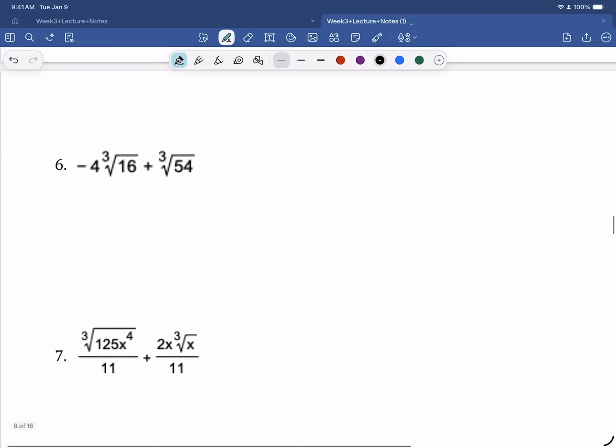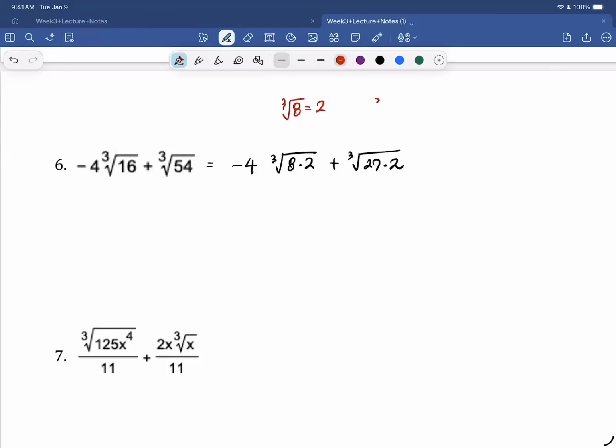So this one, third root of 8 times 2, because 8 is the perfect cube of 2, and then plus 27 times 2. 27 times 2 is 54. So as you can see, third root of 8 is 2, and the third root of 27 is 3, right? So that's why times 2, third root of 2, and then this is 3, and then third root of 2.